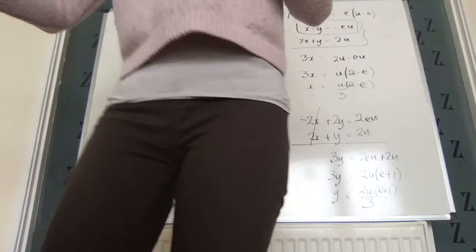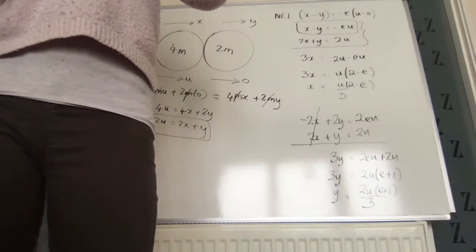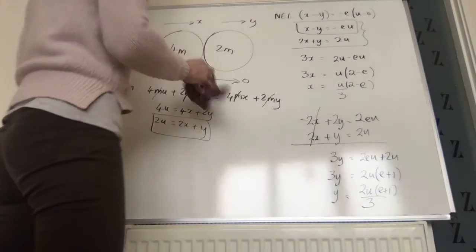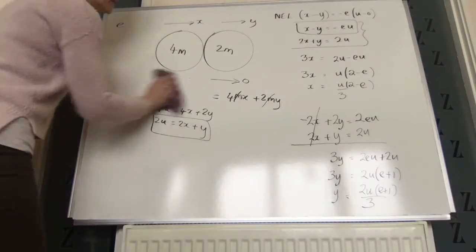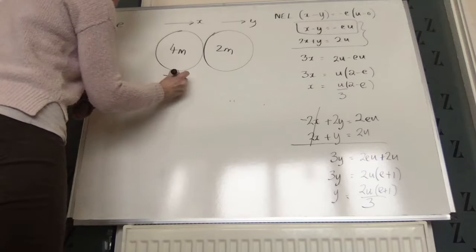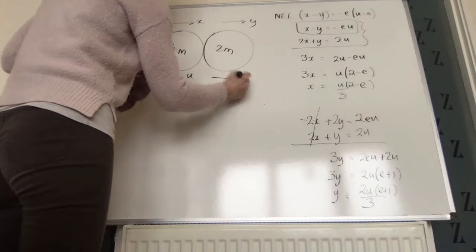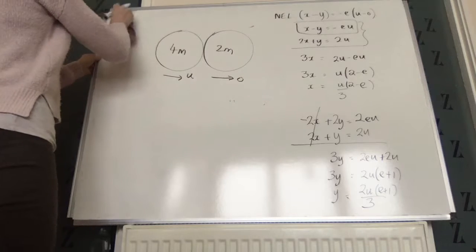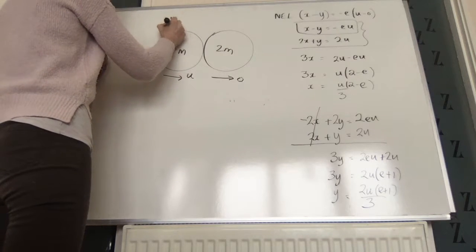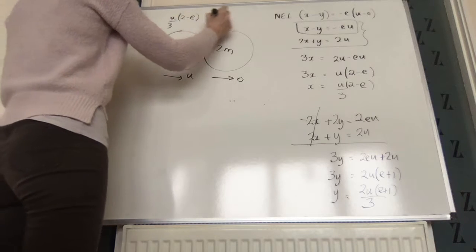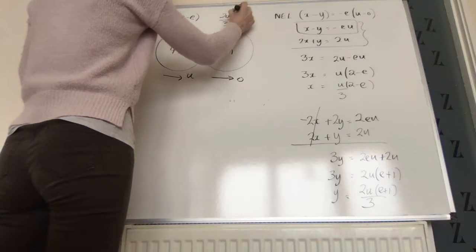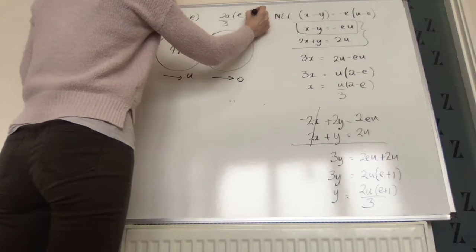The next bit is to find the loss in kinetic energy. I can rub this out now and put in our values. That was going at u and that was going at 0. Our x was u over 3 times 2 minus e, and our y was 2u over 3 times e plus 1.